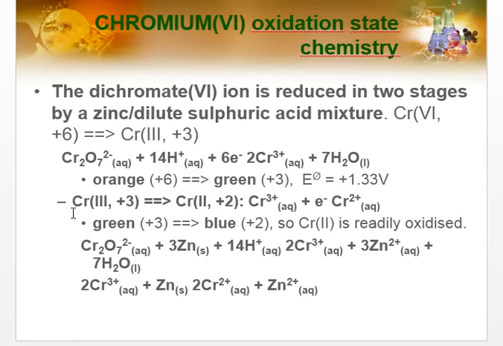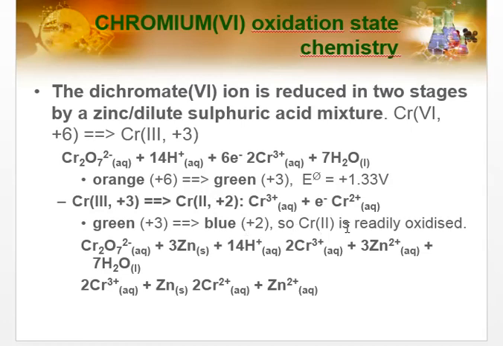And at last, from chromium with plus 3 oxidation state, which has a green color, we can prepare also a chromium compound with oxidation state plus 2. The solution of this compound has a blue color.